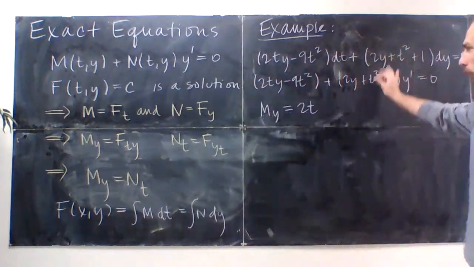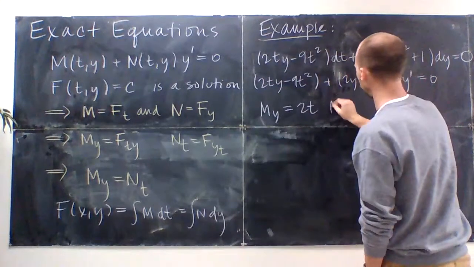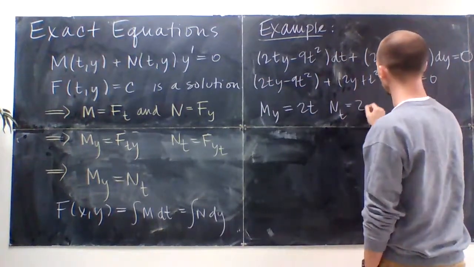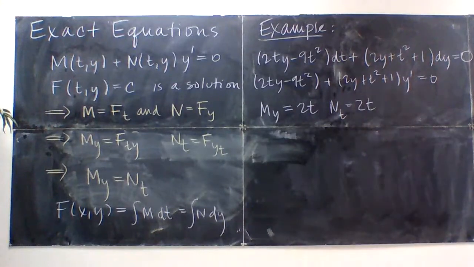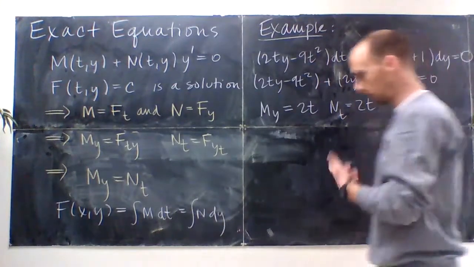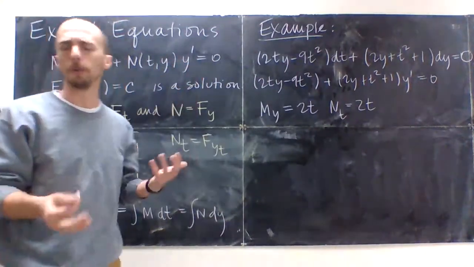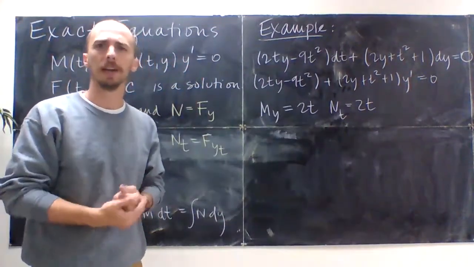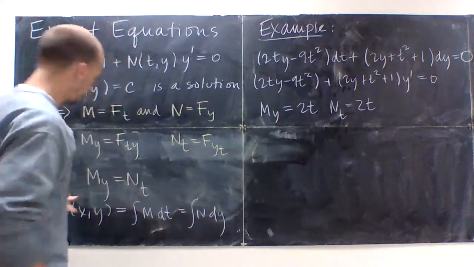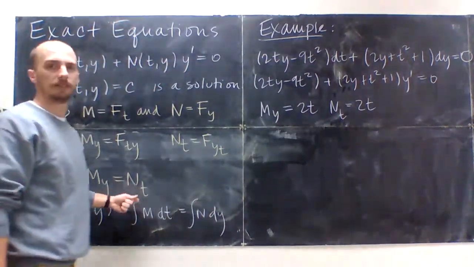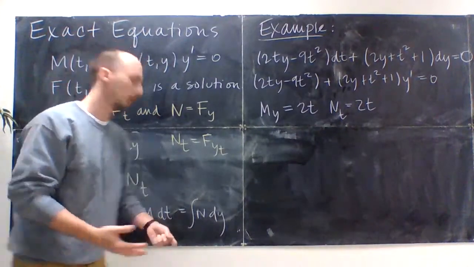And over here, the partial derivative of N with respect to t is going to be 0 plus 2t plus 0. I see that these two partials are the same, and that means my equations are exact. That's the terminology; I didn't define it, but if you have a differential equation like that, and M_y is equal to N_t, then your equation is exact, and you can apply the solution.